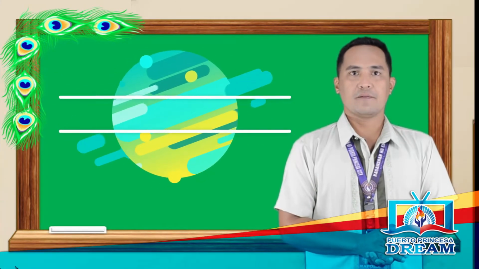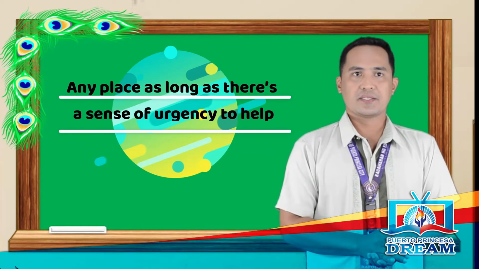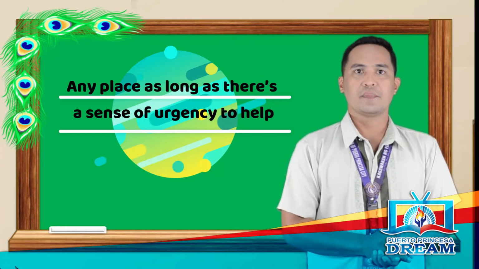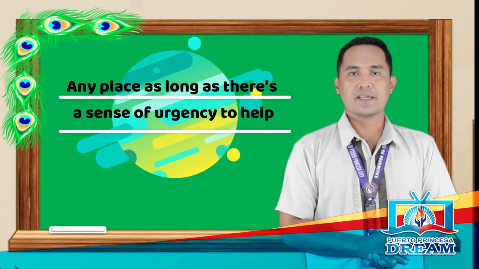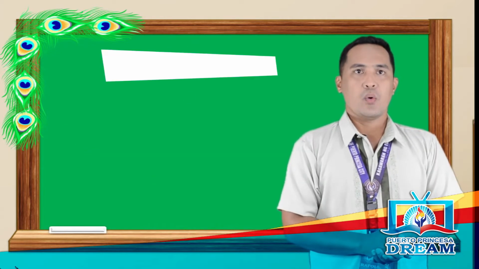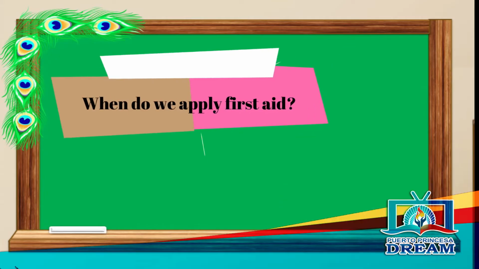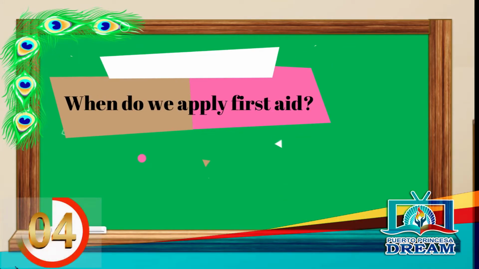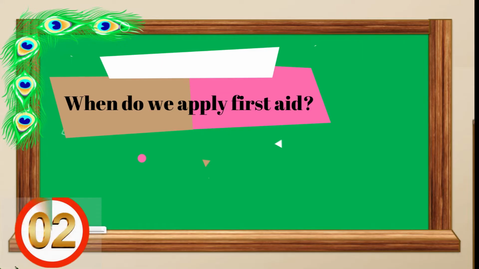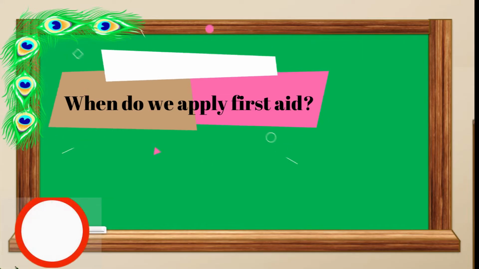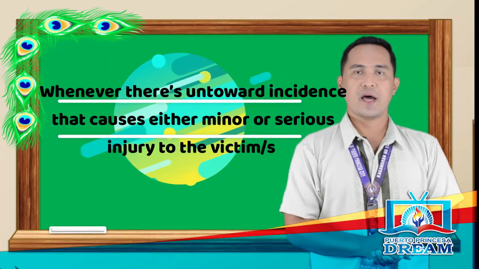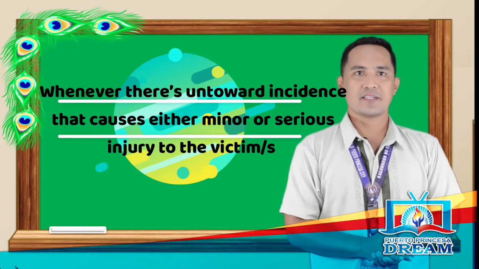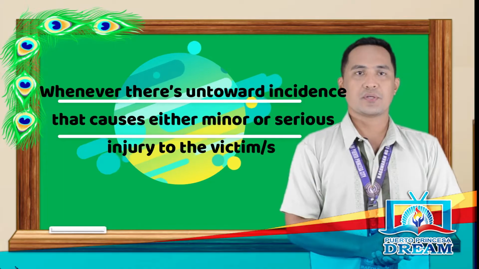If you're thinking of any place as long as there's a sense of urgency to help, very good. Your thinking is right. Lastly, when do we apply first aid? If you answered whenever there's an untoward incident that causes either minor or serious injury to the victims, and I was there, I will help as a first aider, then that serves your purpose.